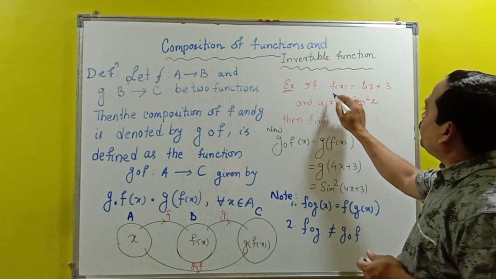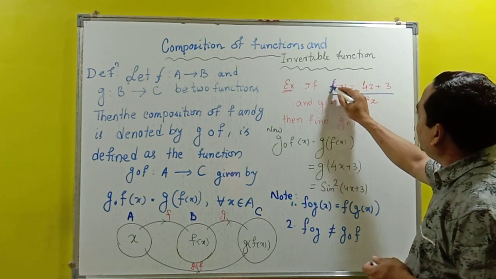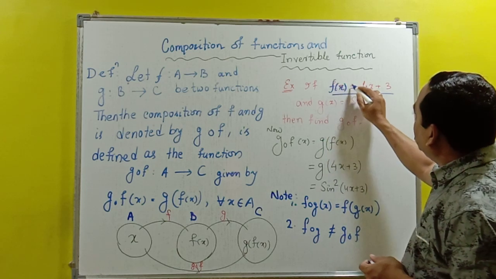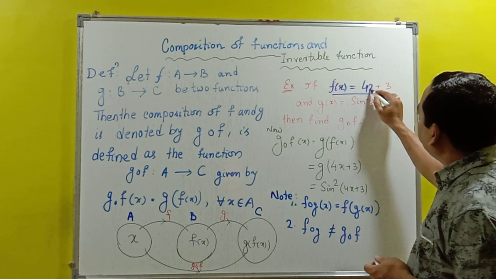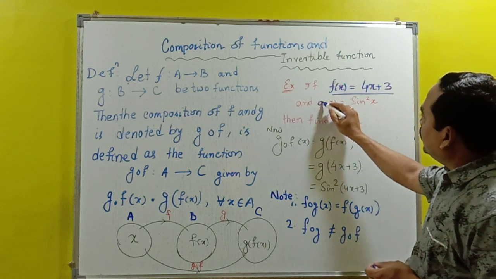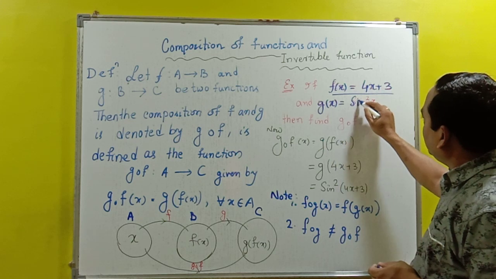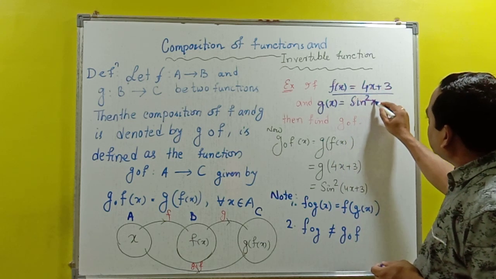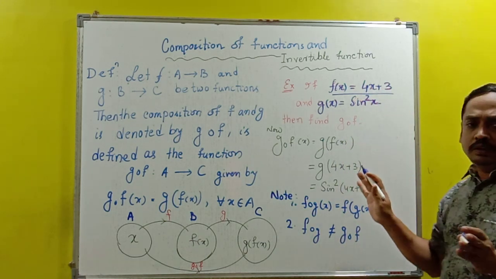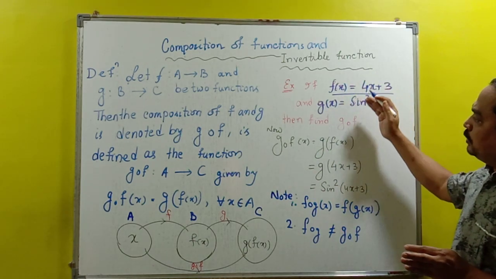Now let us discuss an example. Here f is a function, f of x equals 4x plus 3, and another function g of x is equal to sine square x. Both are different functions.